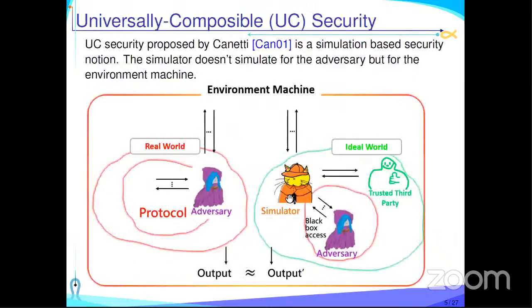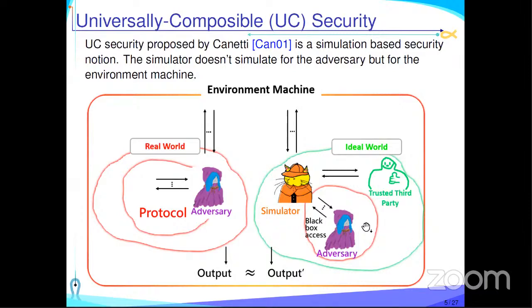A more modern security definition is called universally composable security, or UC security. The circumstance is like there's an environment machine. The environment machine will interact with an ideal machine or a real machine. In the real machine, there's a protocol you design and the adversary. And in the ideal world machine, there's a simulator having black-box access to the adversary. And in the ideal world, every functionality is processed by a trusted party.